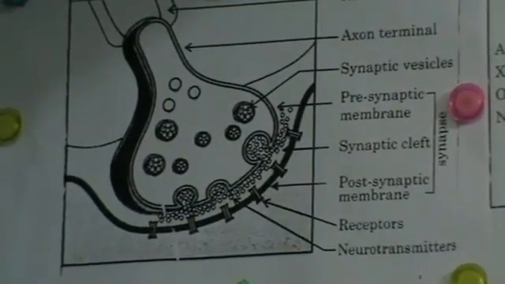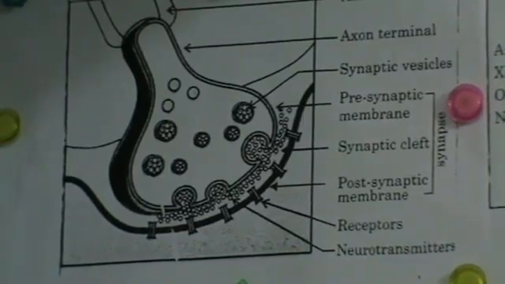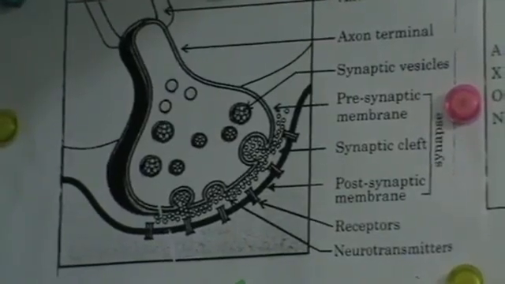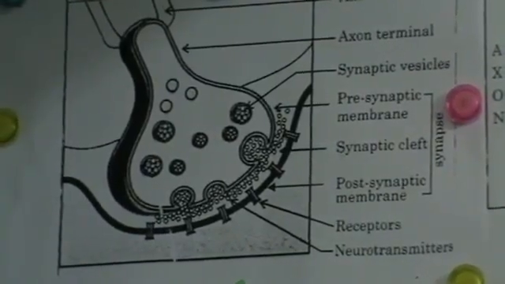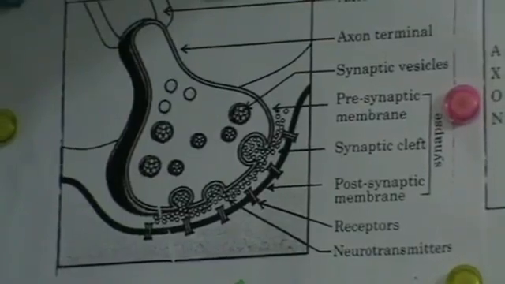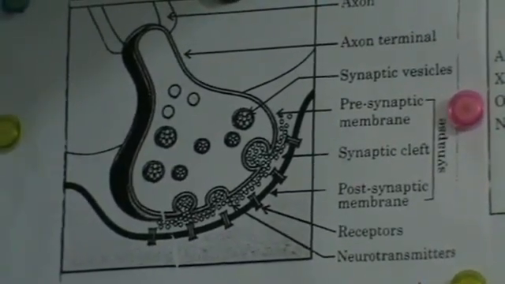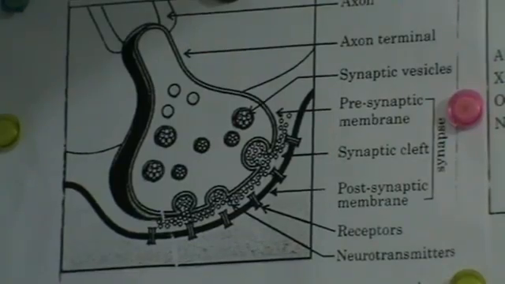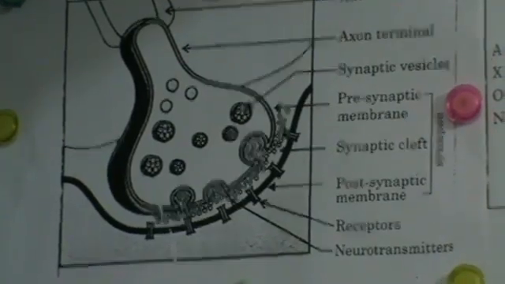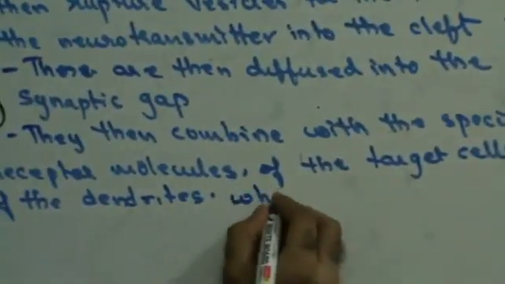Like how the membrane at the tip of the axon is called the presynaptic membrane, the membrane of the dendrite is called the postsynaptic membrane. So they combine with the target cells of the dendrite.